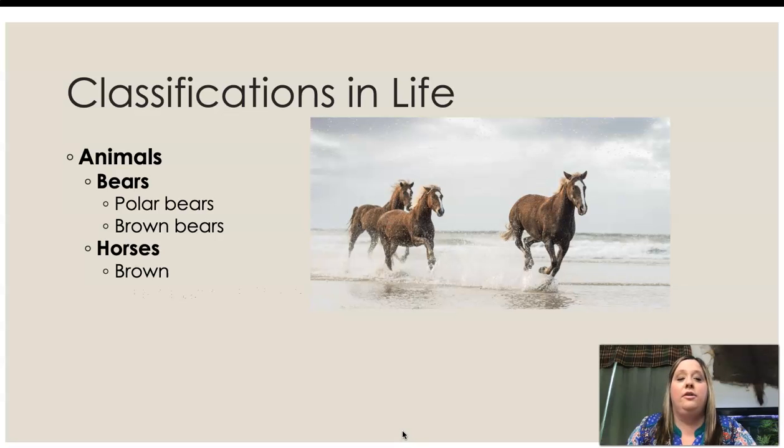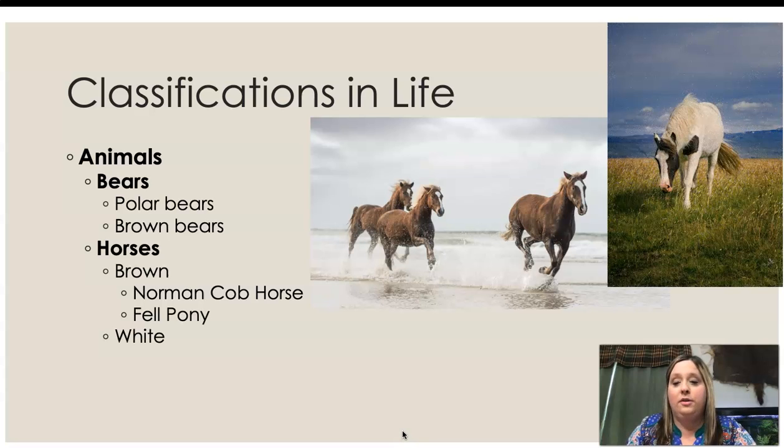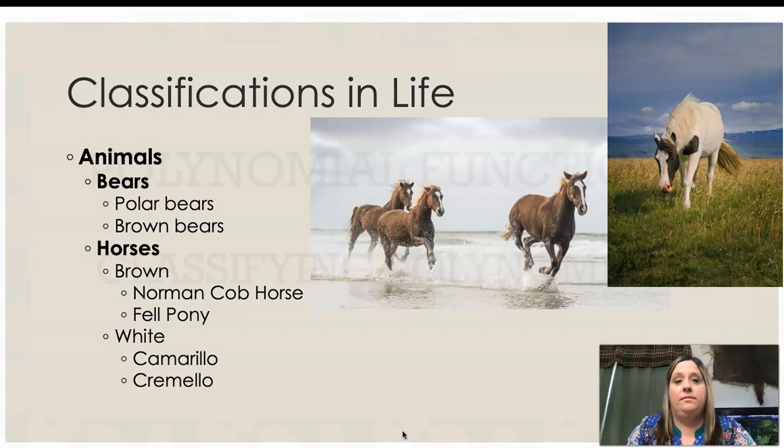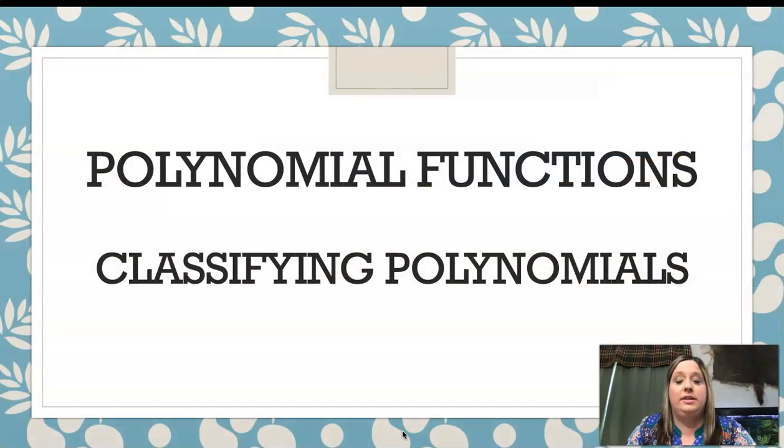And you can even further classify those by their different breeds. And then there are also white horses, which can also be further classified by their breeds. So you can see how things can be grouped or classified. So just like the classifications in life, we can also classify polynomials.